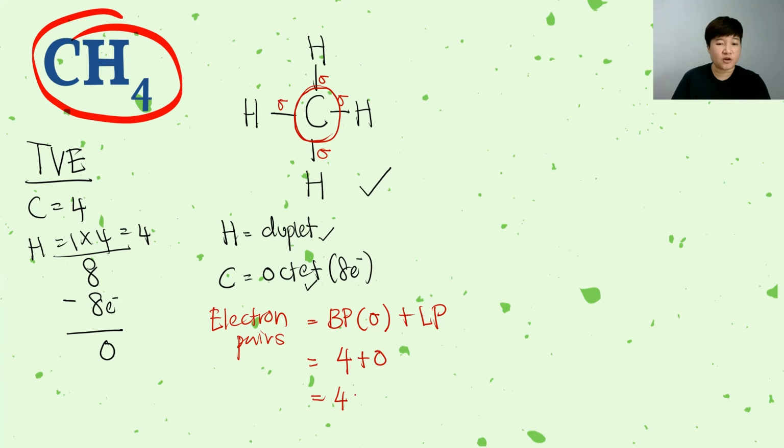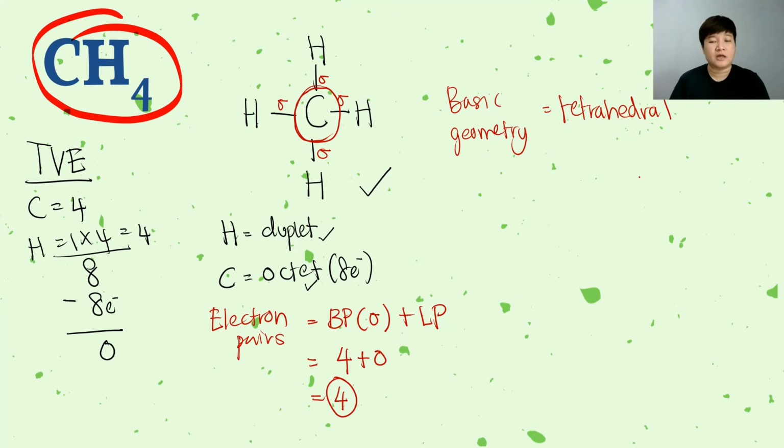And when the electron pair is 4, guys, your basic geometry will be tetrahedral. Do not spell it wrongly. Make sure the spelling is correct. So that is your basic geometry of tetrahedral.